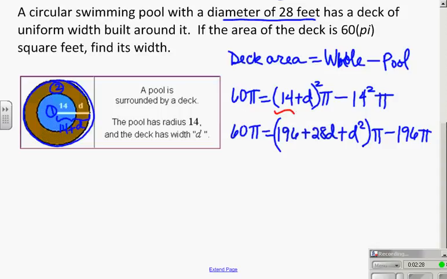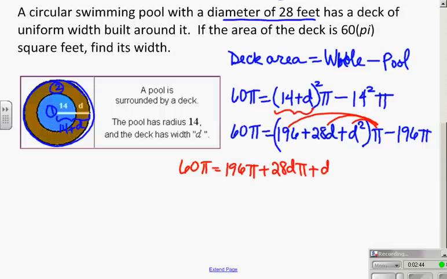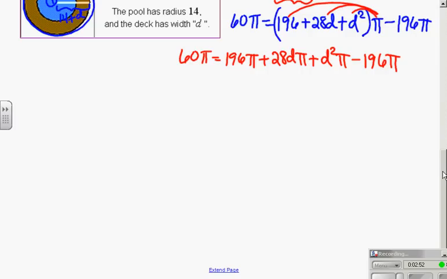Now notice I did just the foiling right here. Remember a quantity squared, two things. Now I'm going to distribute this pi to all of them, and I'm going to have 60 pi is equal to 196 pi plus 28d pi plus d squared pi minus 196 pi. And initially it's looking like it's complicated.